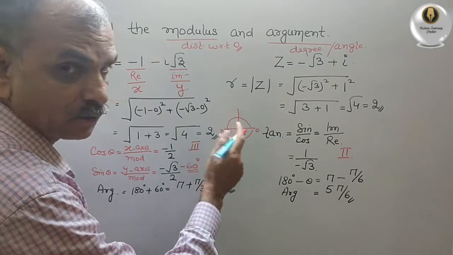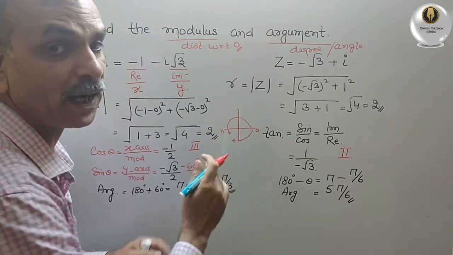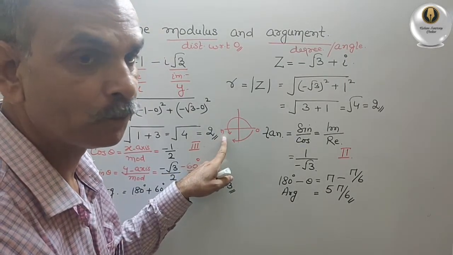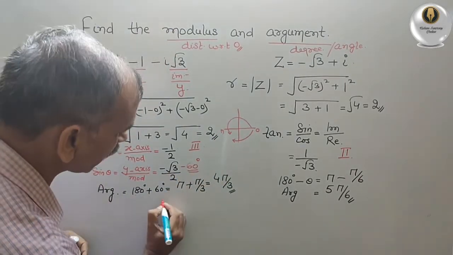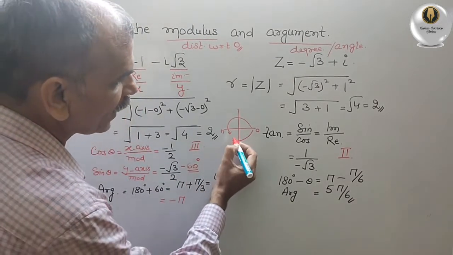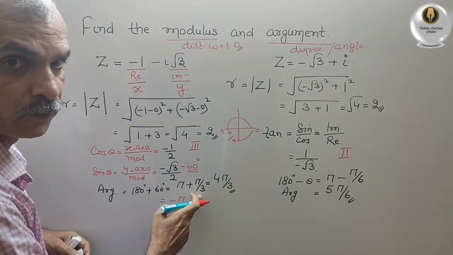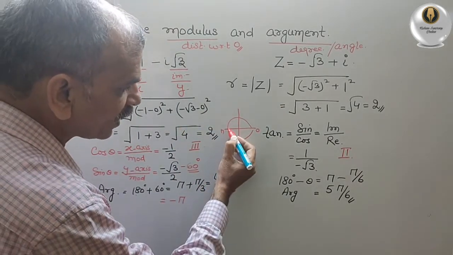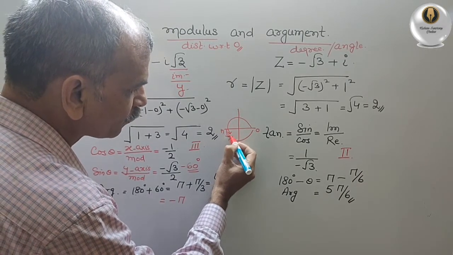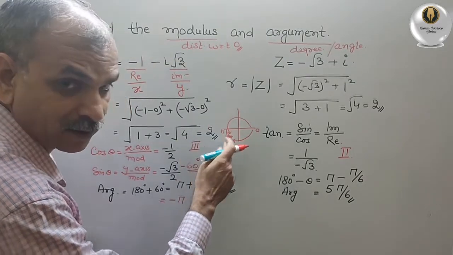If you go like this, 0 is here, minus pi is here. Minus pi. So therefore, what they have taken is minus pi here and the angle is here. That is 60 degree. That means after reaching here, you have to come back to this point. That means minus, then plus.